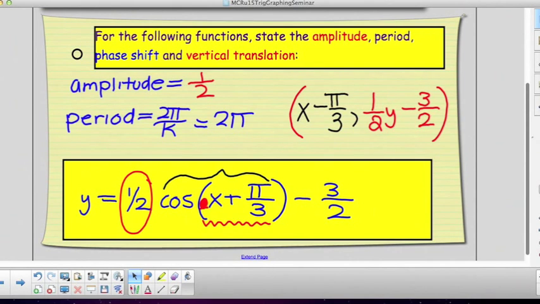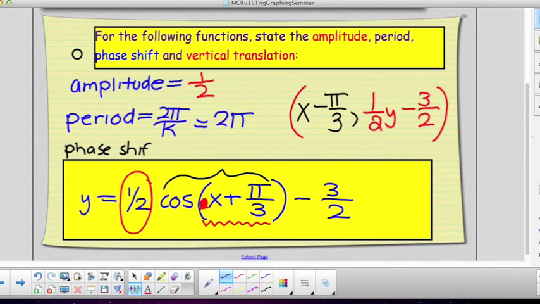Finally, I have my phase shift. So phase shift is my horizontal transformation. Phase shift is going to be left by pi over 3.